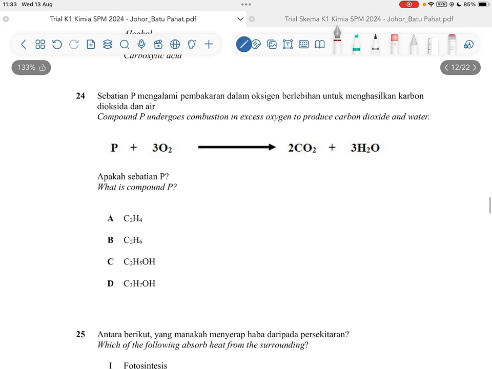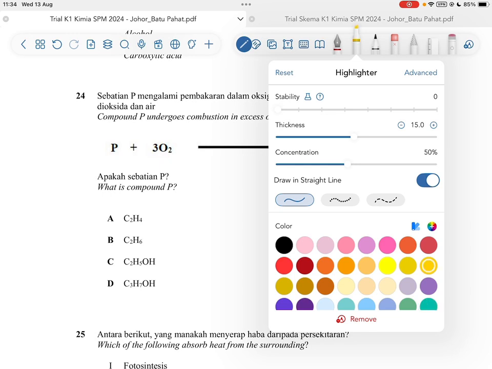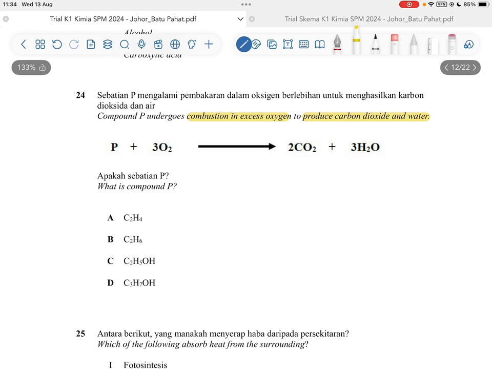Question 24. Compound P undergoes combustion in excess oxygen to produce carbon dioxide and water. The keywords are combustion in excess oxygen, producing carbon dioxide and water. We need to find what compound P is. For sure it is an organic compound.